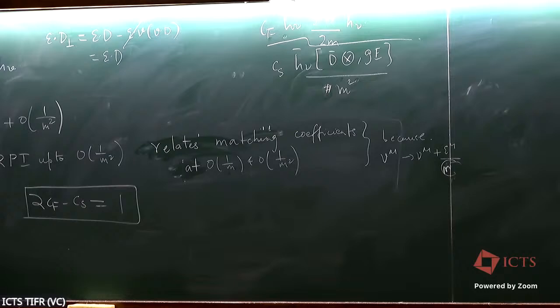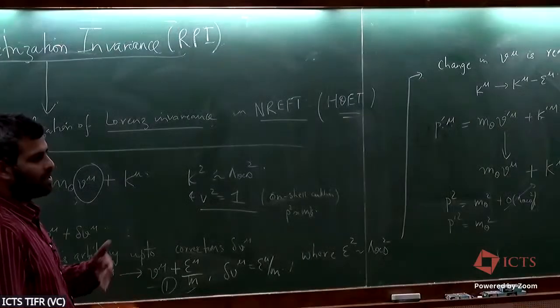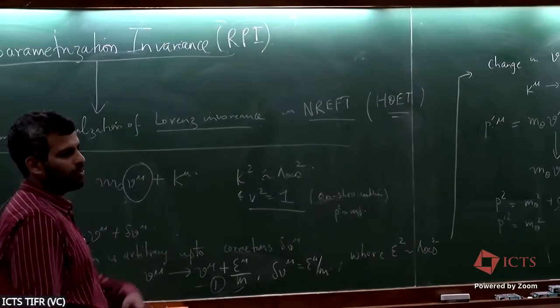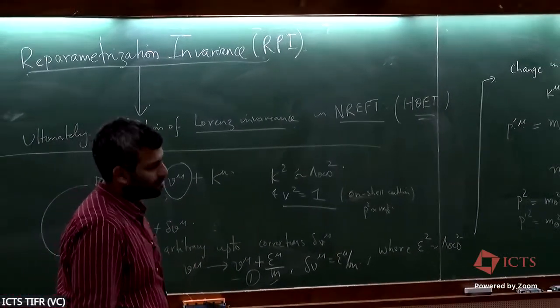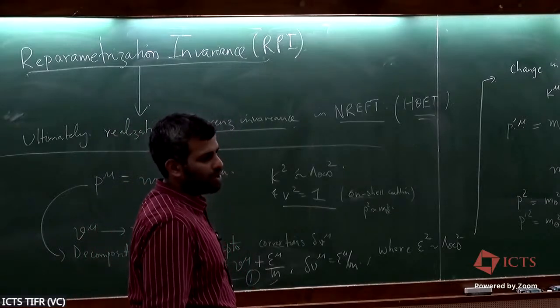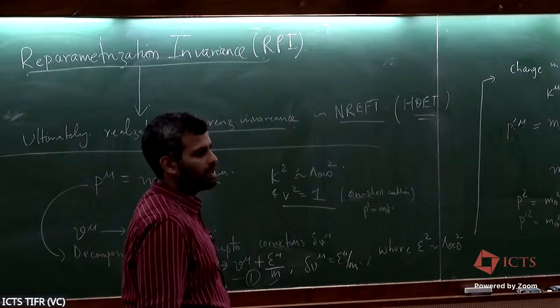Then what is its connection to relativistic Lorentz? In the relativistic case, for Lorentz invariance, you have p mu transforming as some lambda mu nu p prime nu. There, your lambda changes the frame of reference. Here, v mu is choosing some frame of reference. Here I can only shift by a soft vector because I am not allowed to change by a hard scale. A hard scale will completely change my problem.